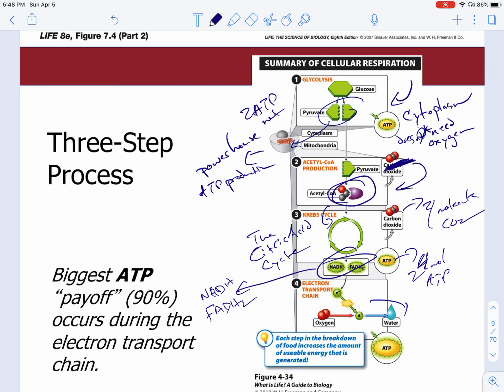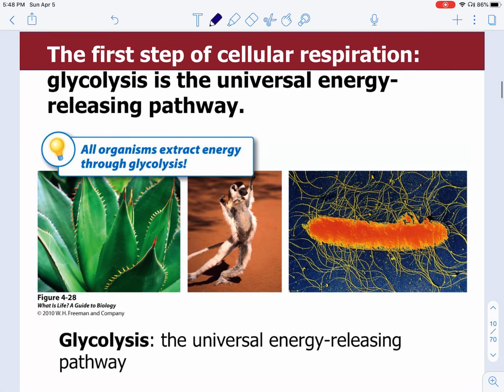Here, you're going from the matrix of the mitochondria, the interior of the mitochondria, into the inner membrane space of that mitochondria. And we'll see that in detail a little bit later on, probably in the next lecture.